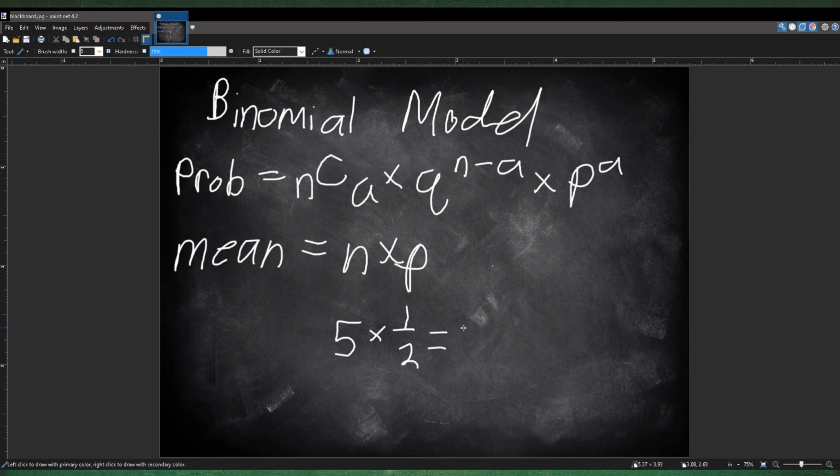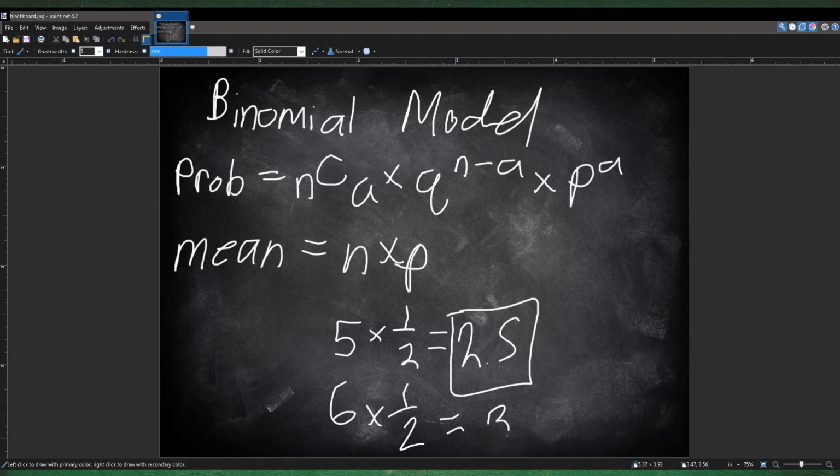So the mean of getting heads out of 5 flips, where half of them are heads, is 2.5. Even though you can't get half of a head, this is the actual theoretical value. Think about it: you get an equal amount of heads and tails. If you flip 6 times, half of it equals 3, which makes sense because you get 3 heads and 3 tails since they have equal probability.